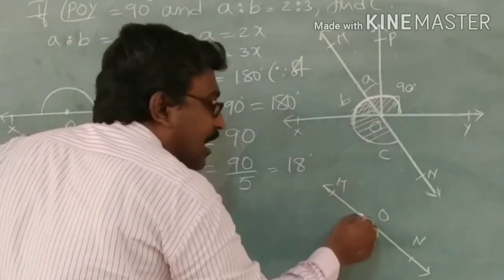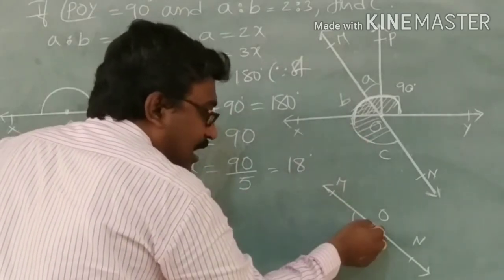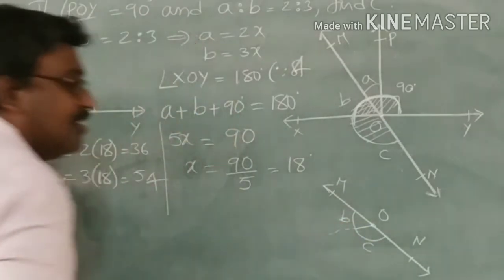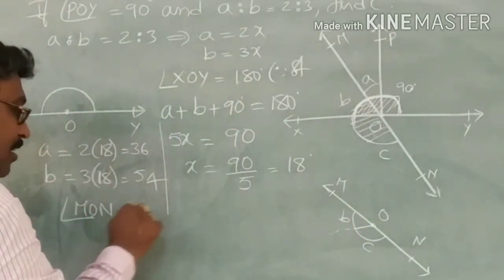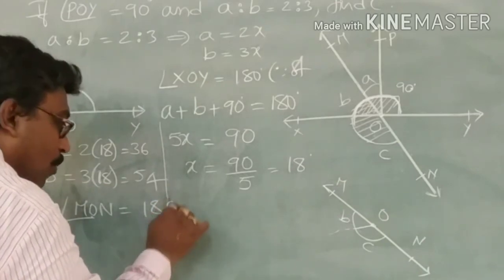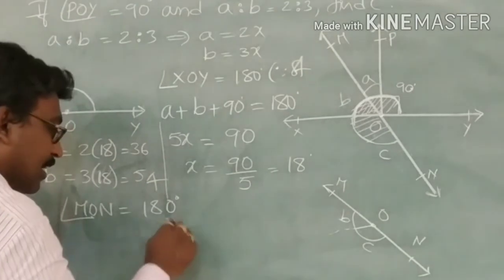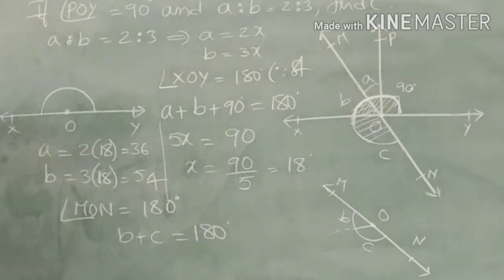This complete angle is B and C, like this it is given. It is B and it is C. But we know that angle MON is equal to 180 degrees because it is a straight angle. That is nothing but B plus C is equal to 180 degrees.